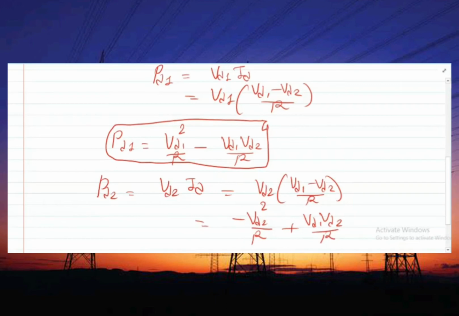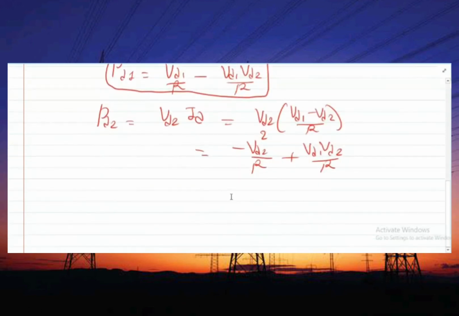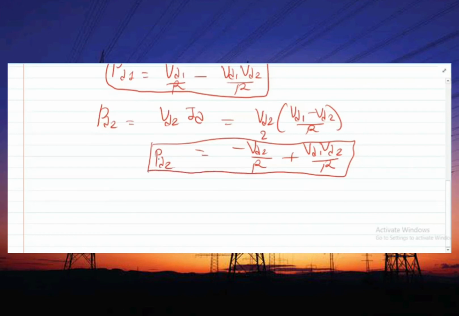The negative sign of the first term indicates that power is received by the inverter. Remember these things. So this is the power at the inverter end, PD2, equal to minus VD2 square, divided by R plus VD1 VD2 divided by R.